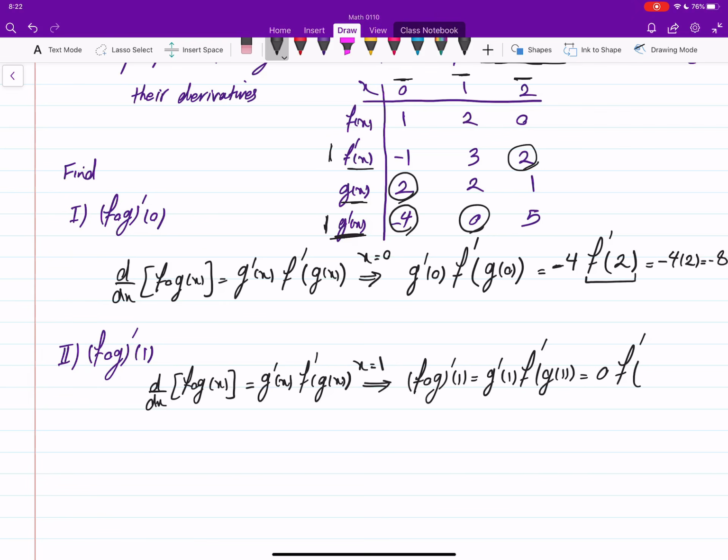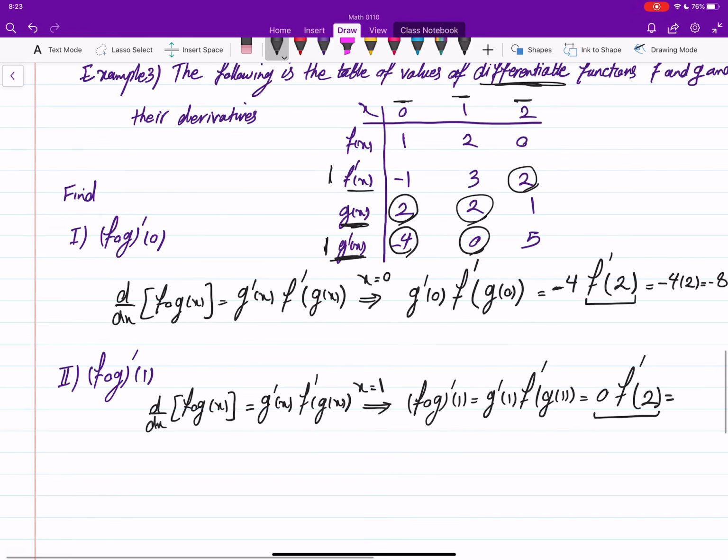Well, g at 1 is 2. This will make everything 0, but let's just find what f prime at 2 is. F prime at 2 is just 2. 0 times 2 will give us just 0.